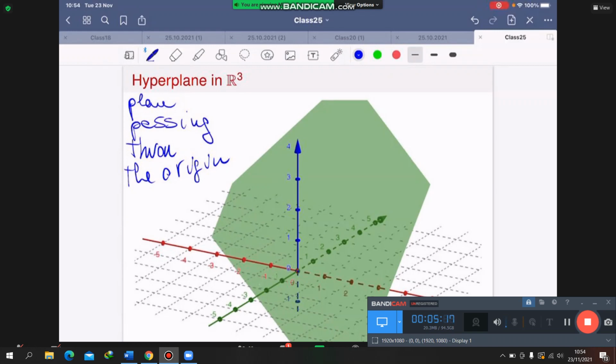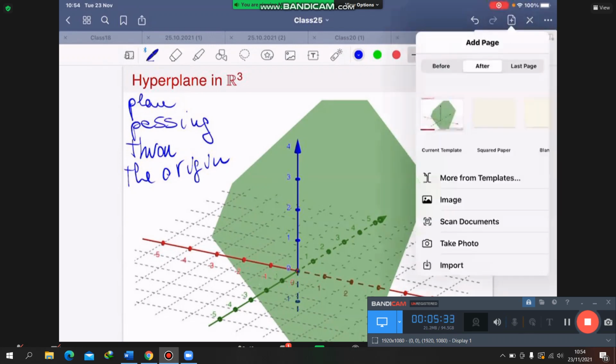That's basically all. Remember, all linear subspaces contain the origin.